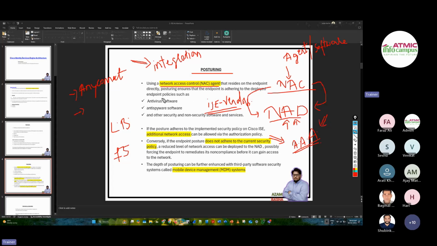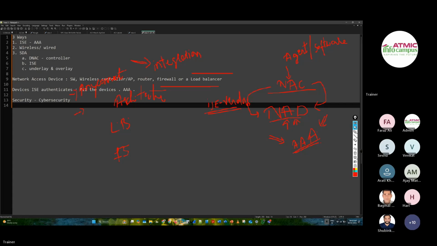The integration that you would do is with a Cisco device that works in terms of architecture.